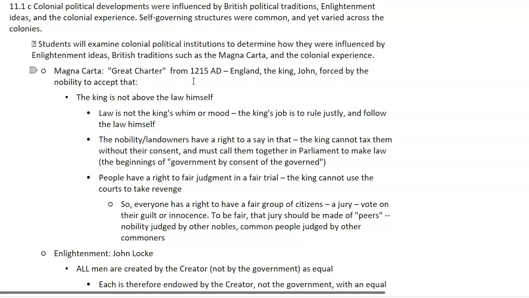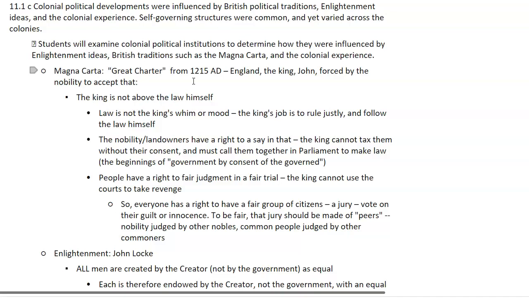So the nobility is judged by other nobles, and common people are judged by other commoners. Common people shouldn't be on trial in front of nobility, who have a reason to kind of screw them, and the nobility shouldn't have to go on trial in front of commoners, who might be trying to get back at them. And so there's kind of a fair system of courts.